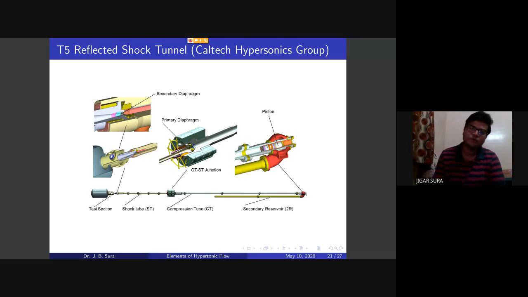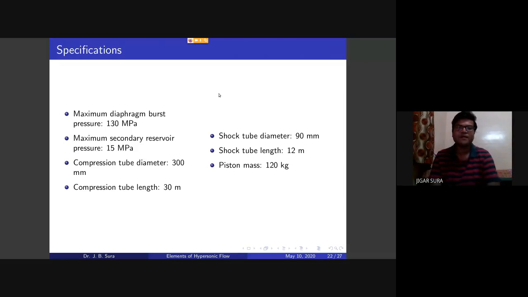That piston moves and compresses the air, and the primary diaphragm is of 7 mm thickness of steel. So think that a metal plate of 7 mm thickness is burst. It is exploded, not punctured. It is exploded to generate the shock wave, and you will get hypersonic flow for 1 or 2 or 5 milliseconds, stop.